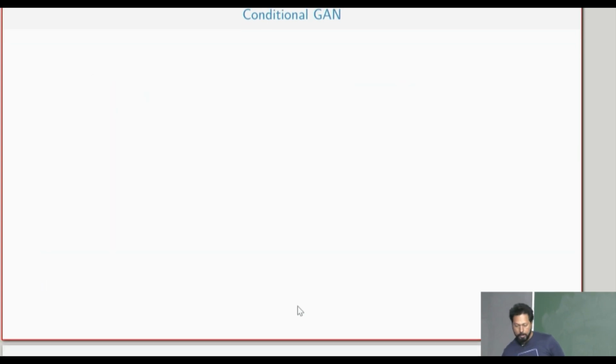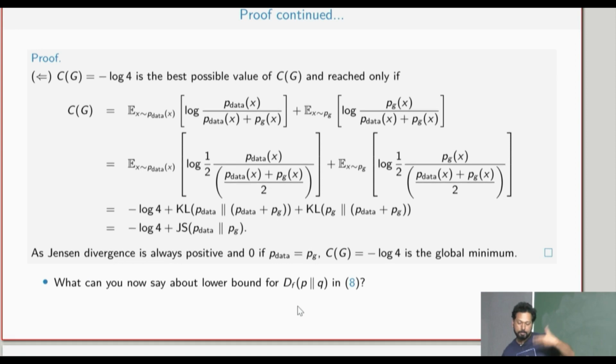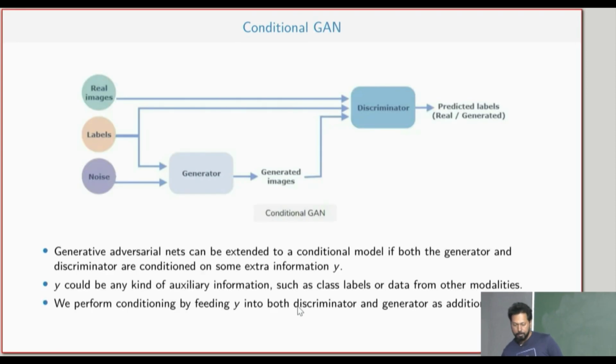Okay, so maybe we can wrap up then. There is a slight extension to the GAN which is called conditional GAN. The idea is very simple. If you see DALL-E 2 or the more recent ones, you give a text, and based on the text it generates the image, right? So that's conditional: from text to image, and if your text changes, then the image changes, obviously.